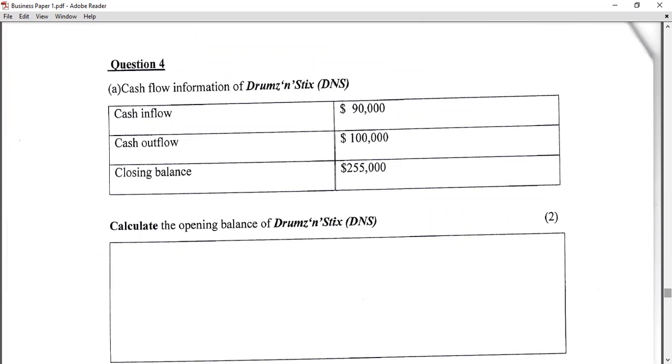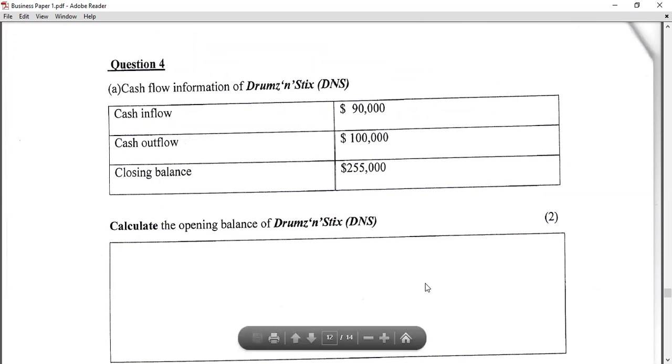Here net cash flow is negative, because outflow is greater than inflow. 90,000 minus 100,000 is minus 10,000. The opening balance we don't know; that's the answer they're asking for. Opening balance plus minus 10,000 equals 255,000. So you should work out how much opening balance you need to reach 255,000 with the negative value.